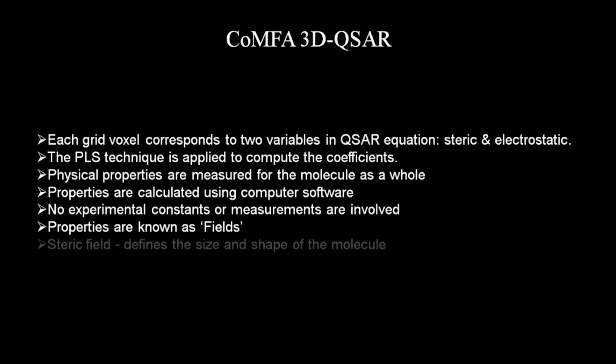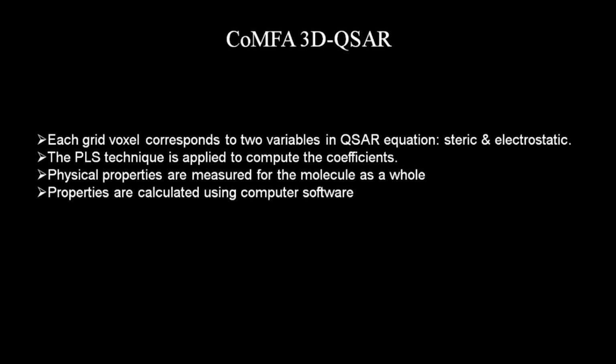You take a probe molecule like an atom, sp3 carbon, or it could be O, or it could be H, and then you place it at each grid point and calculate the steric and the electrostatic information.